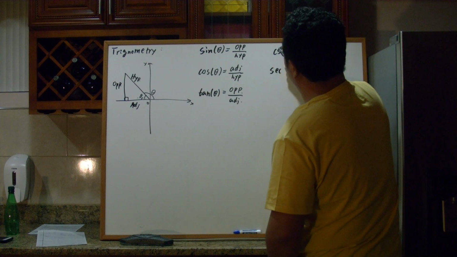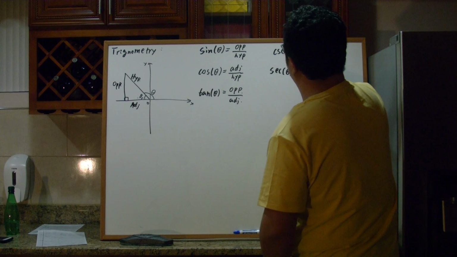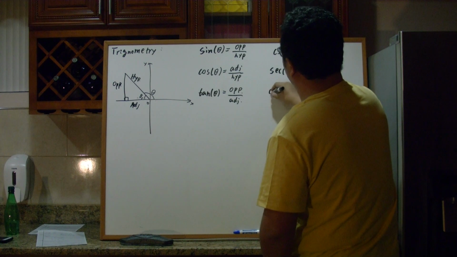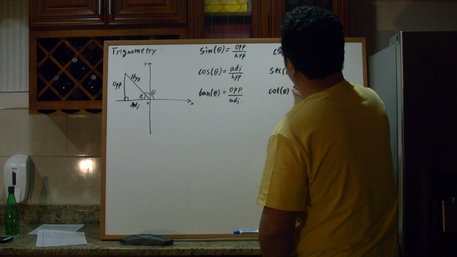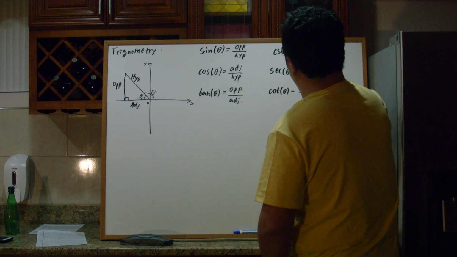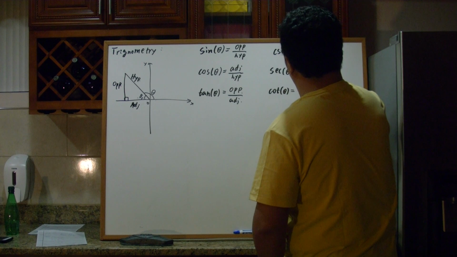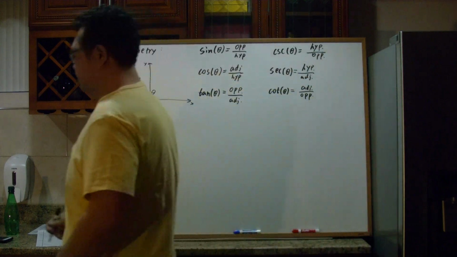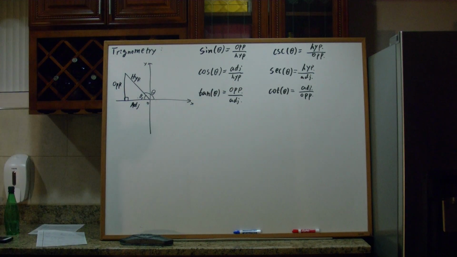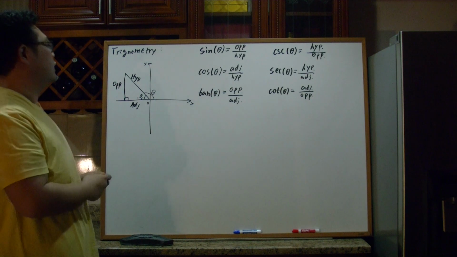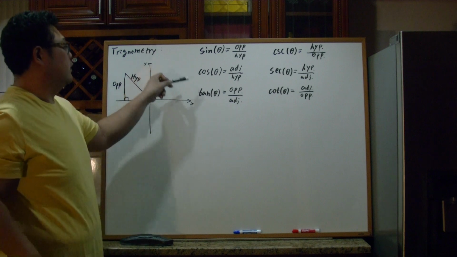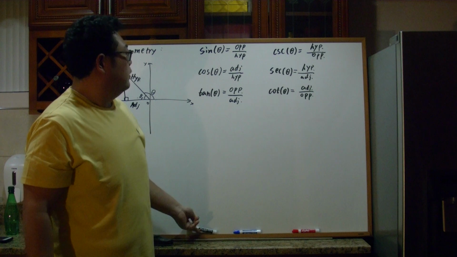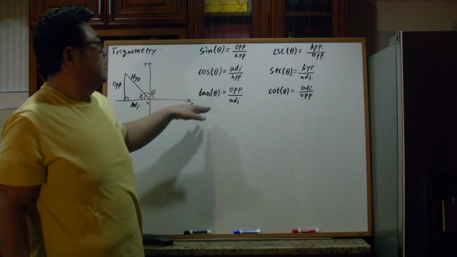Secant is the reciprocal of cosine, that is hypotenuse over adjacent, and the cotangent is adjacent over opposite. So those are the six trigonometric functions of theta: sine, cosine, tangent, cosecant, secant, and cotangent.